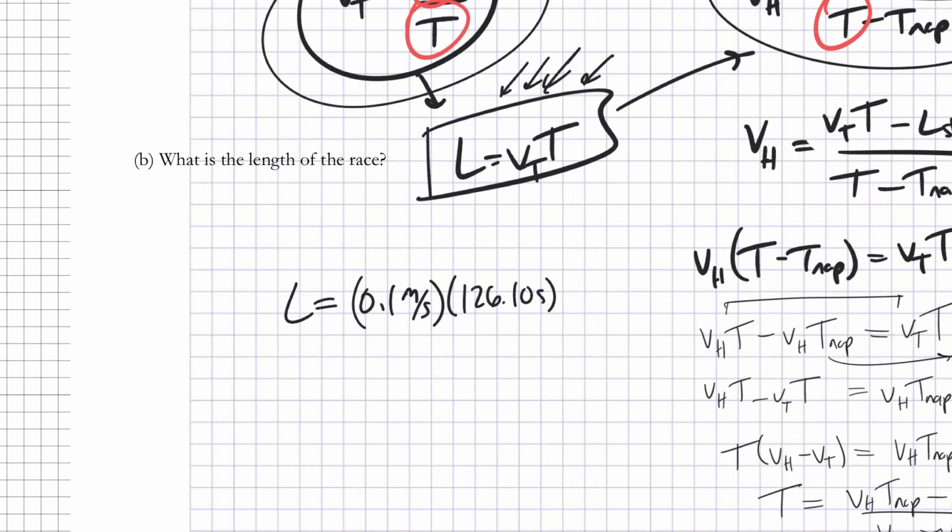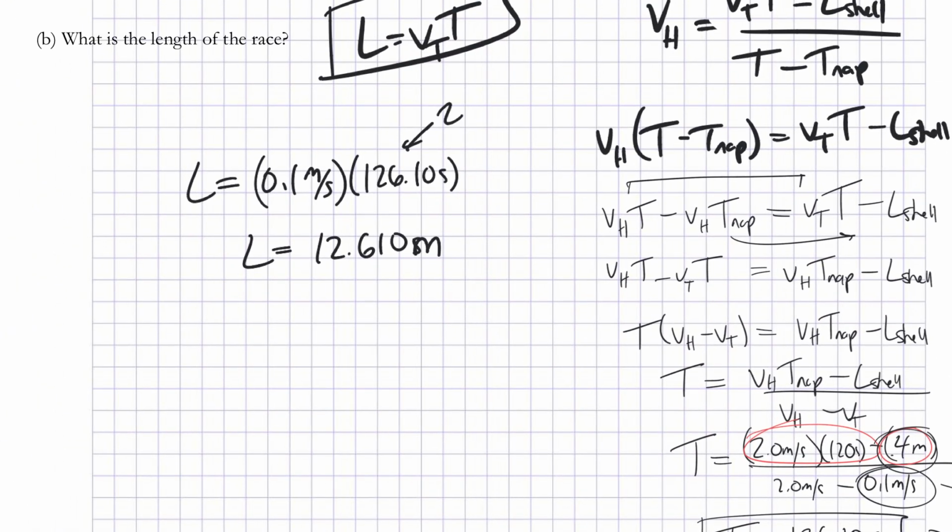So the length of the race is 12.610 meters, excuse me. And let's see, so this technically should have had how many? We decided 2 sig figs, but that clearly has 1 sig fig. So we're going to have 1 in this answer, so 10 meters.